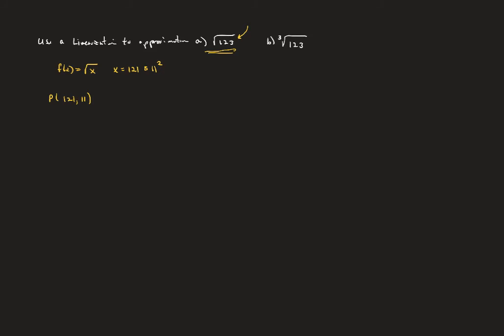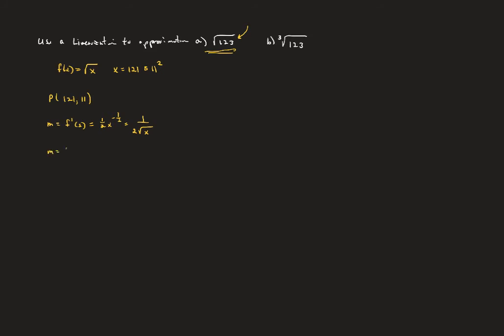Now we're still looking for the tangent line, so we're going to need the slope, and the slope is going to come from the derivative evaluated at our x equals 121. So the derivative is going to be 1/2 x to the negative 1/2, or in a more friendly evaluation form is going to be 1/(2 square root of x).